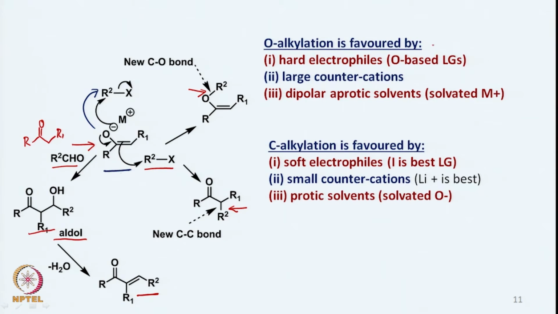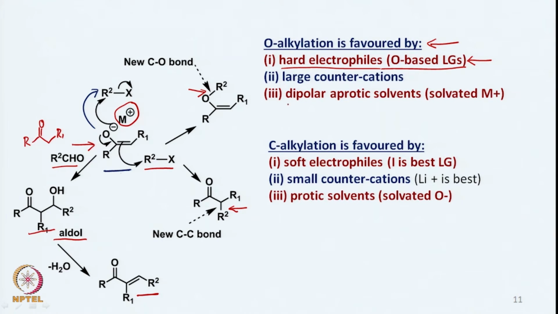Now O alkylation is generally favored by hard electrophiles where oxygen based leaving groups are there, this is the leaving group, or when you have a large counter cation. So this particular M plus should be large. If we have a large counter cation, then of course the charge is separated, and therefore the negative charge can attack directly onto the particular electrophile.